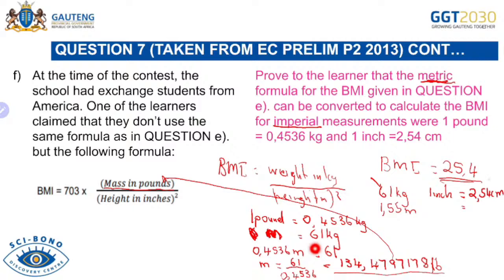In order to convert to inches, we've got 1 inch equals 2.54 centimeters. Then we need to convert 1.55 meters, but there we've got centimeters. So we need to convert this one to centimeters. If you convert meters to centimeters, you multiply by 100. You should know. So 1.55 multiplied by 100 will give us 155.